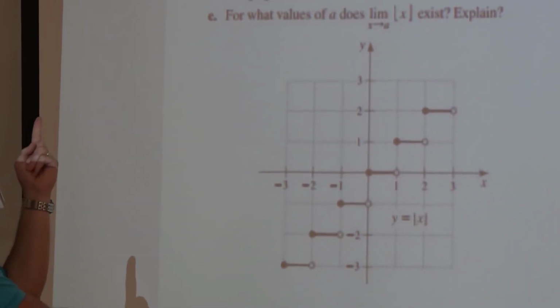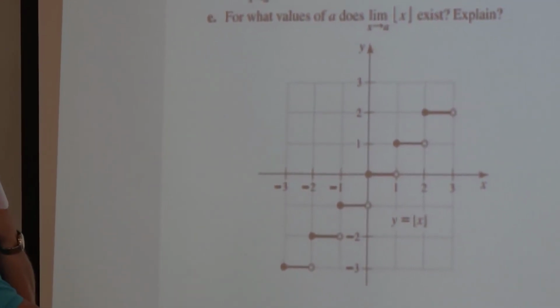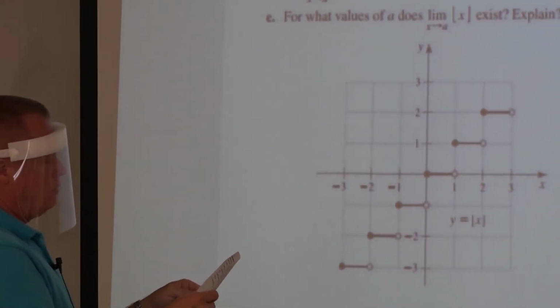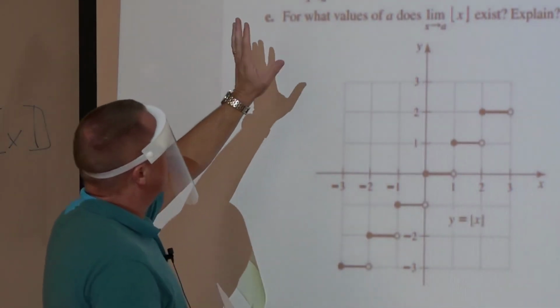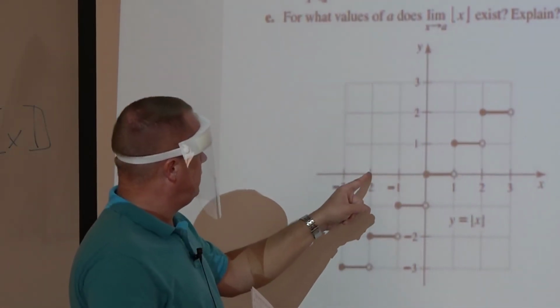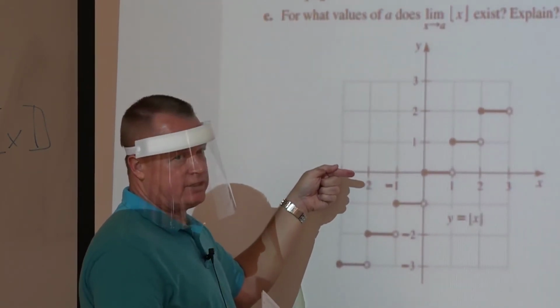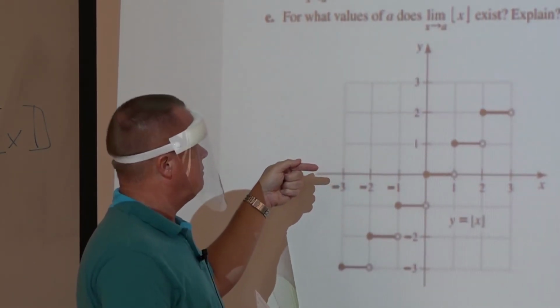All right, so C: for a given integer a, state the values of the limit as x approaches a from the left and from the right. So any integer that you pick, -3, -2, -1. From the left, it's going to be approaching what?